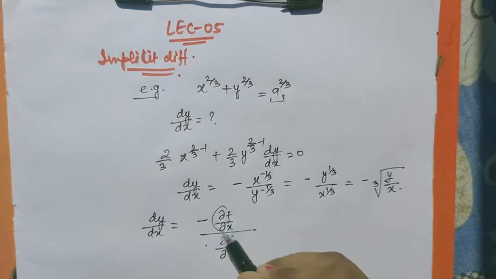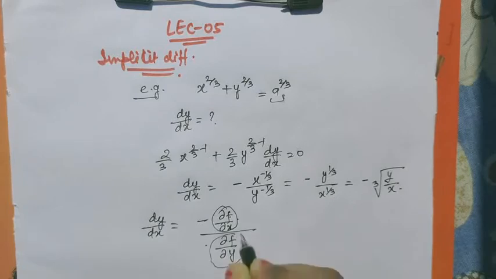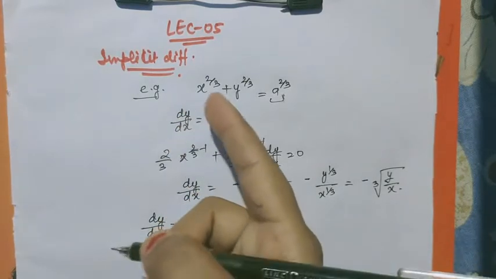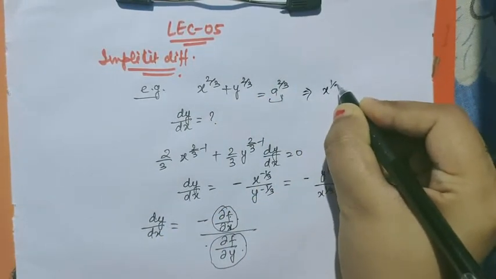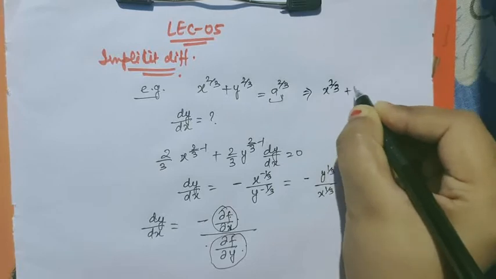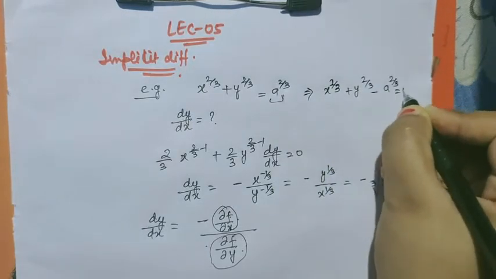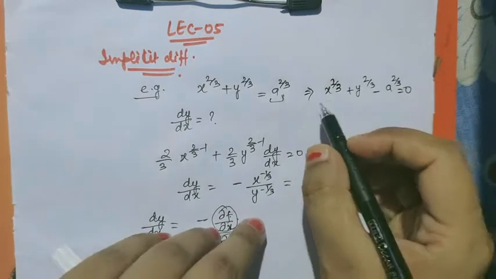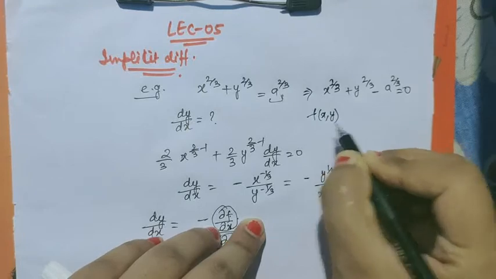This is nothing but partial differentiation of the function with respect to x and partial differentiation of the function with respect to y. It means you can write this function as x raised to power 2 by 3 plus y raised to power 2 by 3 minus a raised to power 2 by 3 equals 0. Yes or no? So this is nothing but f, a function of x and y.